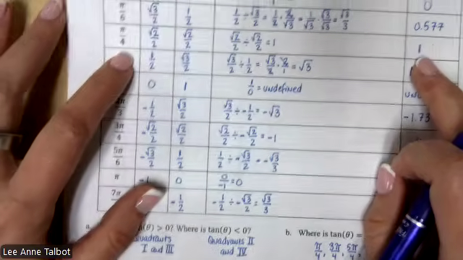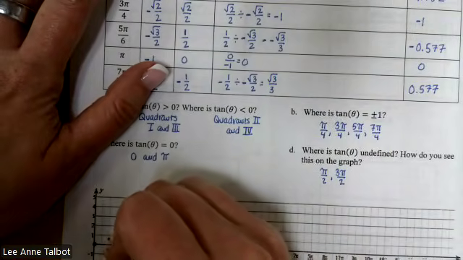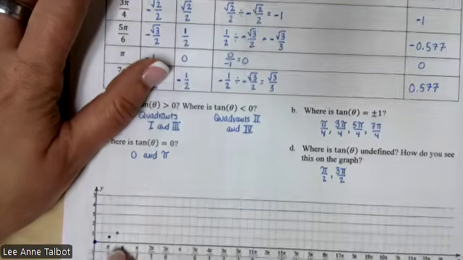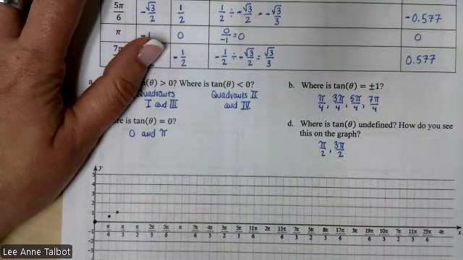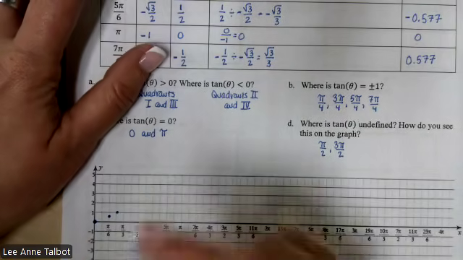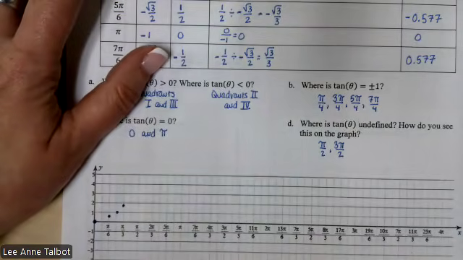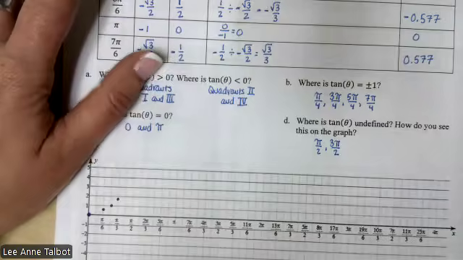Okay, pi over 4 is 1. Pi over 4, by the way, is located in between those two, so it's not labeled, but it's between these two. You can tell that from your unit circle too. Pi over 3 is 1.732. And pi over 2 is undefined.